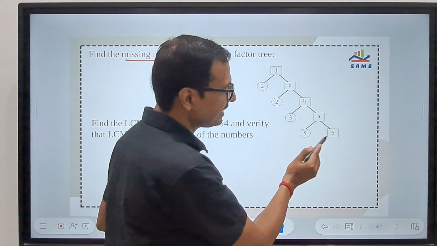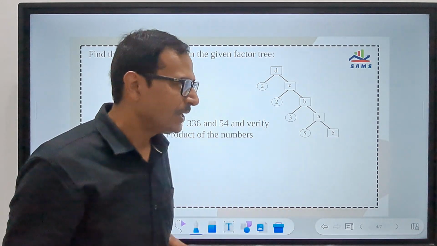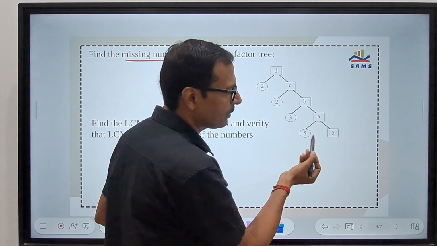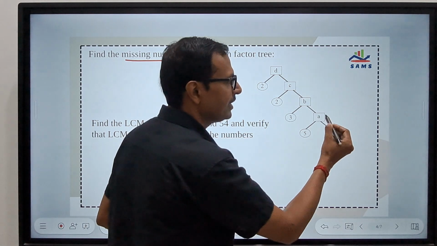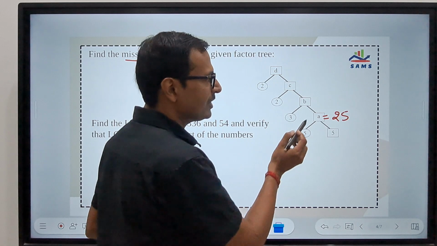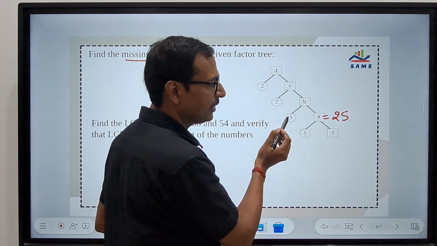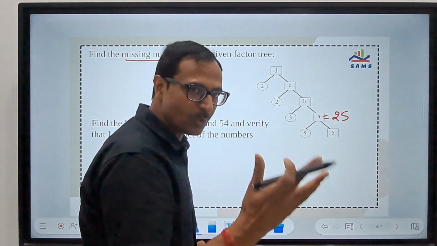Now whenever these two numbers are given to you, it is pretty easy. What you have to do is to just multiply these two numbers and get our required number here. So 5 times 5 is 25. This will come here. And now once we know this number and we know here, this is the divisor, right? 3 divides B and gives you 25 as the quotient.